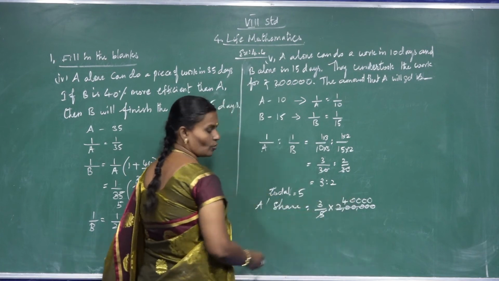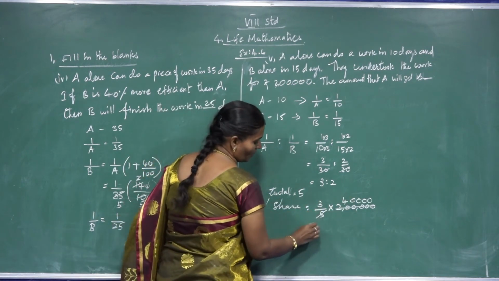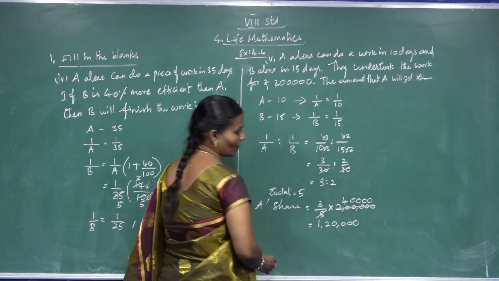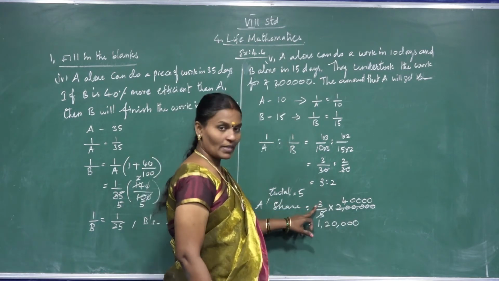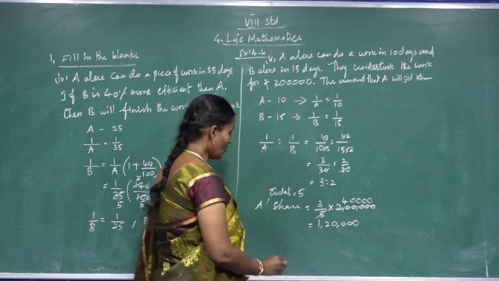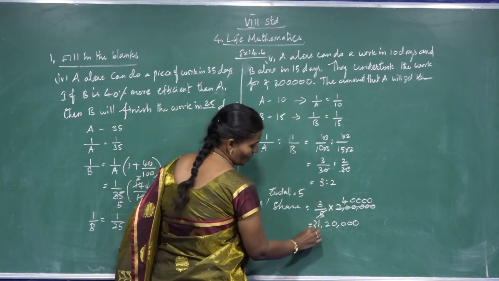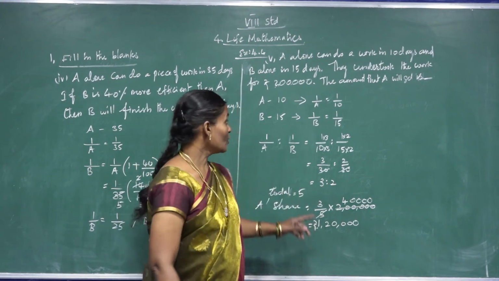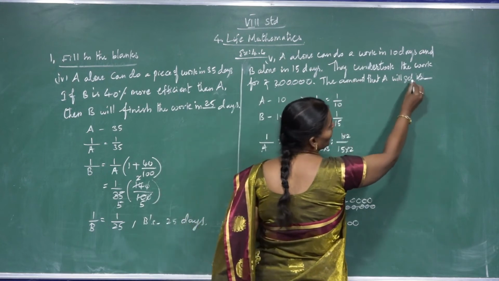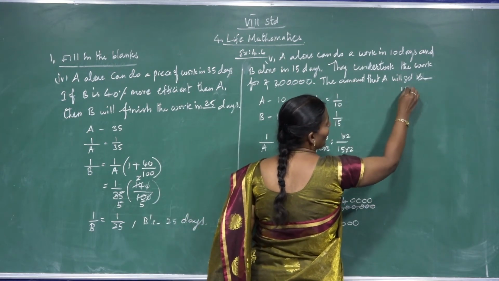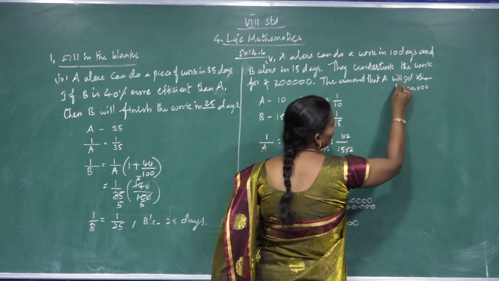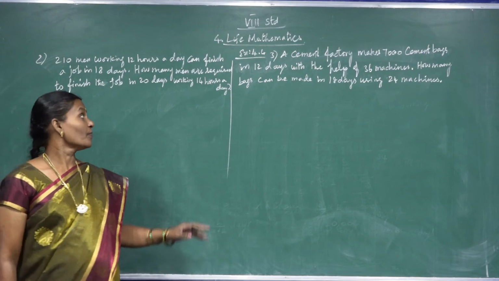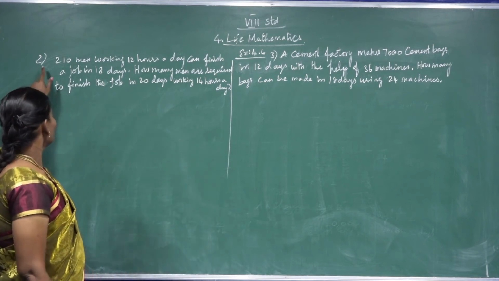So 40,000 multiplied by 3 is 1,20,000. So A's share is rupees 1,20,000. Understand, children? So in this fill up, the amount that A will get is 1,20,000 rupees. Good. Children, now see exercise 4.4, second sum.